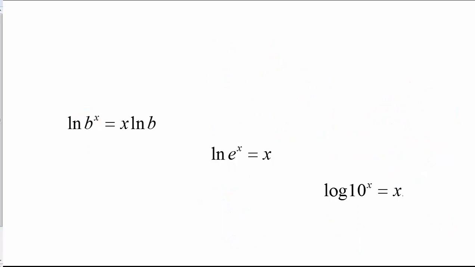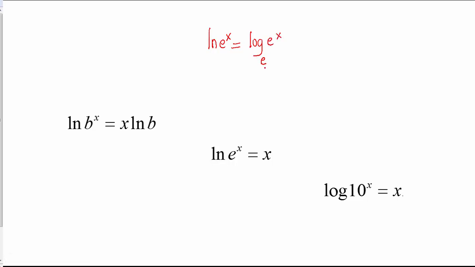Let's take a look at one more thing. If you have ln of e to the x, there's something you can remember. If you have the base emphasized, this is log base e of e to the x.